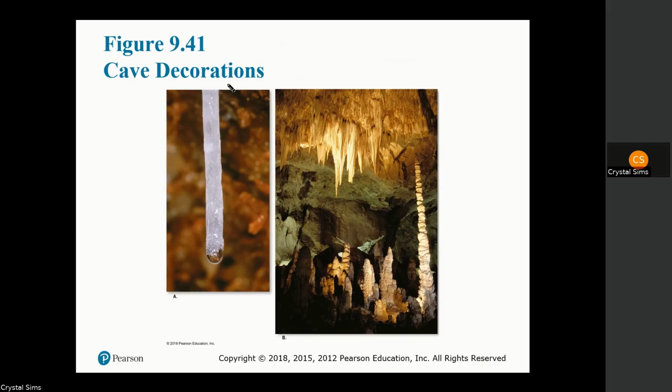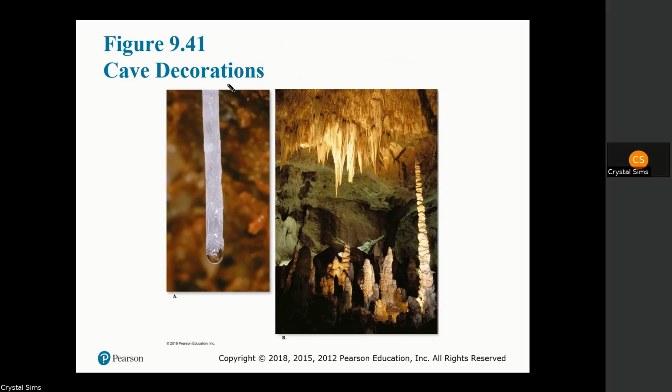Stalagmites are formations that start on the floor of the cavern and start to rise up. And stalagmites are usually more massive because as this drops on the floor, it may not drop in the same spot every time. And so the stalagmites take on a little bit different appearance.